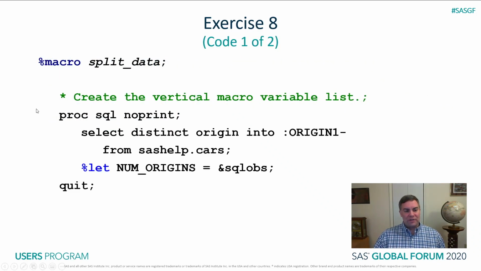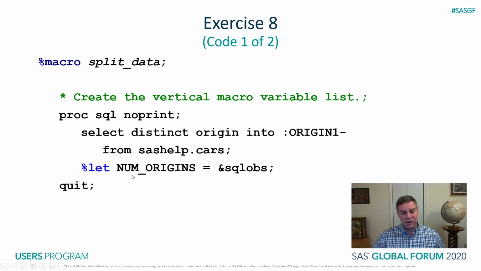So here's the code we're given. Again, we have a macro because we're doing %do. We need it to be inside a macro definition. This is our macro definition. Split data is the name of our macro. Here's the PROC SQL step that creates the vertical macro variable list. It uses the sashelp.cars dataset and puts the distinct values of the variable origin into a series of macro variables, origin1, origin2, origin3.